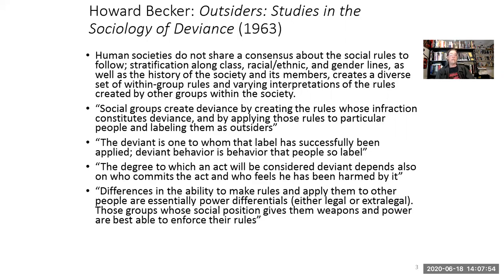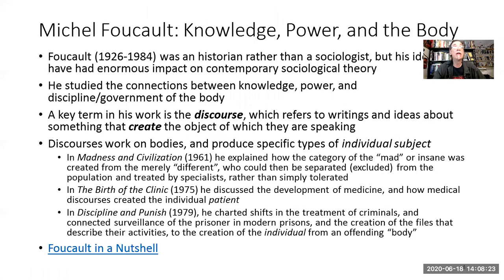So a quote from the book here is, differences in the ability to make rules and apply them to other people are essentially power differentials, either legal or extra legal. Those groups whose social position gives them weapons and power are best able to enforce their rules. Someone once told me that the golden rule can also be read as, he who has all the gold makes all the rules. He or she, I should say.